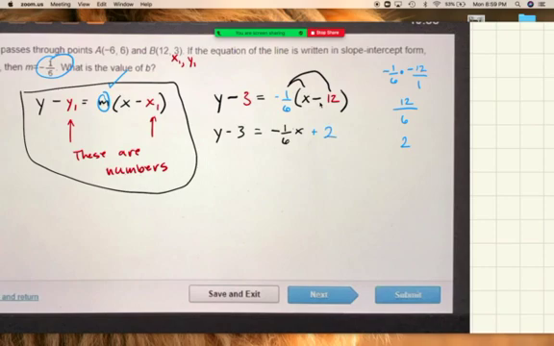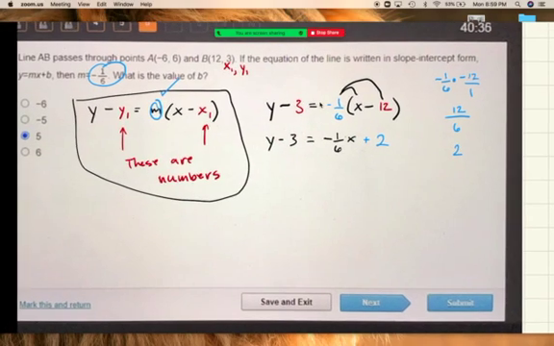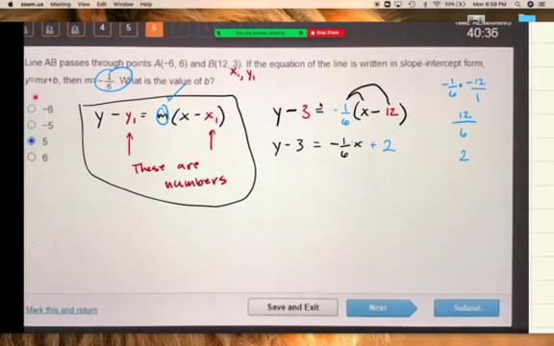And then the last thing, so that was distributing. And that's how I got this part. I copied this part down. The last thing is to move this number over so that I can get the y equals mx plus b. So I'll just move that over by doing the opposite. So plus 3, and that moves it over. These are like terms because I don't have an x there or a y or anything.